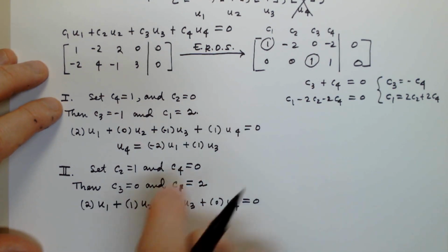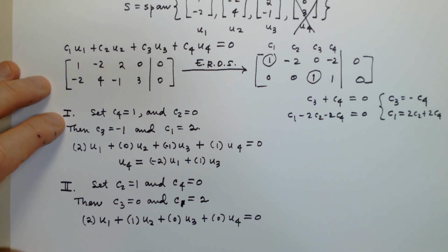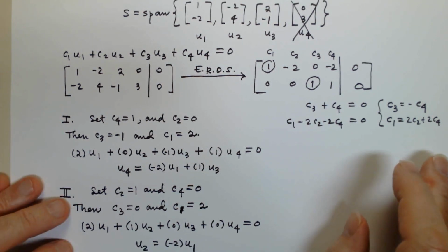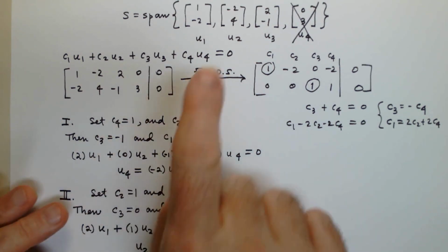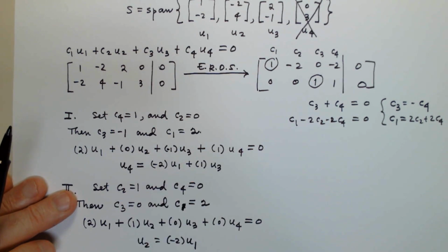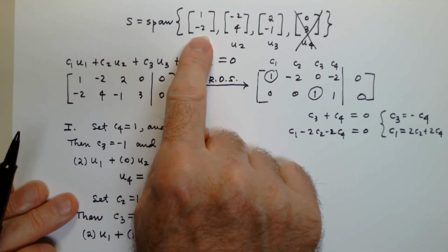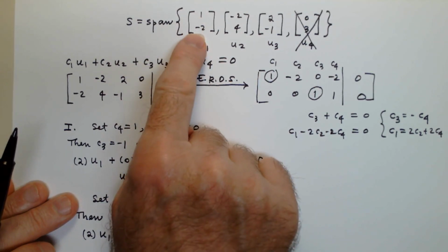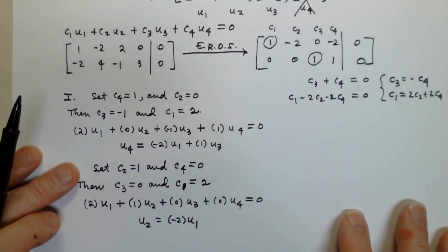And remember, I want to show something about U2, so I'm going to write U2 in terms of U1. U2 is a negative 2 times U1. That's what we've discovered. Now, we should check that. If I take U2, is it the same as multiplying U1 by negative 2? So I'll get a negative 2 there, and I'll get a 4 there. So in fact, that relationship is true.